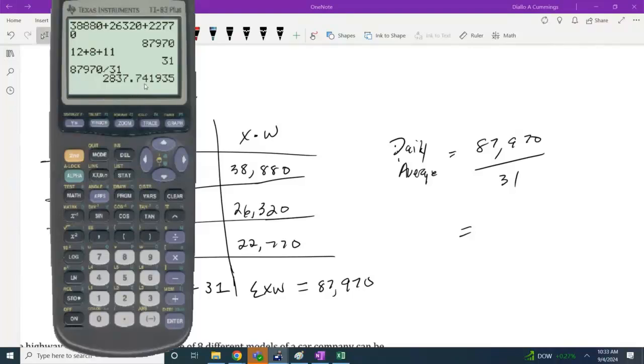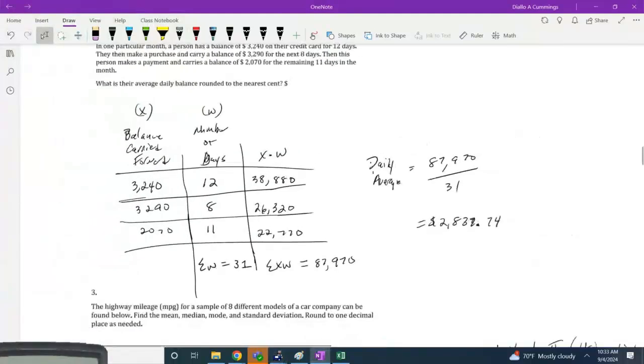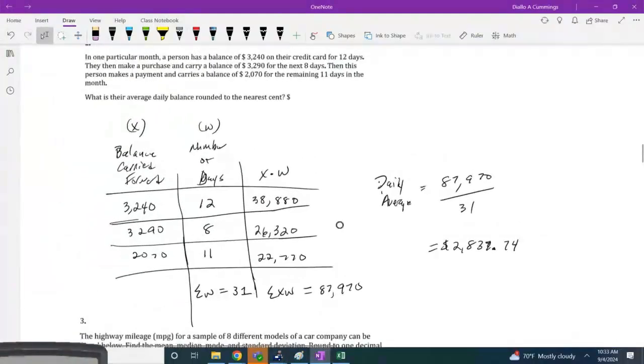All right, and you always round money to the nearest hundredth, so that'll be $2,837.74. All right, so that would be the average daily balance.